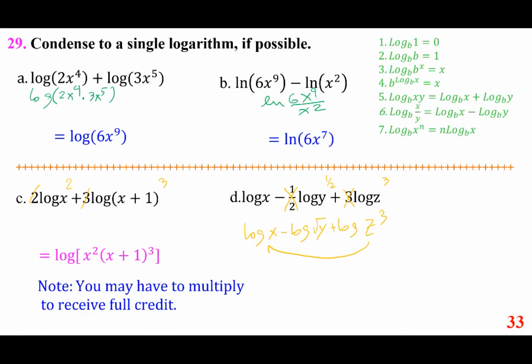And I hope you can see that these two can be combined because they both have a positive sign, so you can combine it into log of x c cubed minus log of the square root of y. Of course, you can do it in one shot. Anytime you have a negative sign, that means a quotient rule, and that's the final answer.